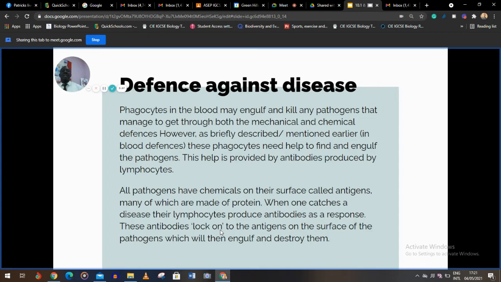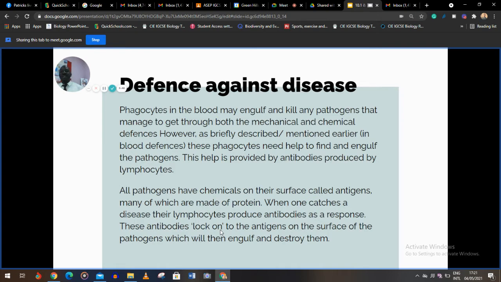We need to identify which type of enemy is invading the body. We also need to identify what exactly we are supposed to attack and how to attack it.